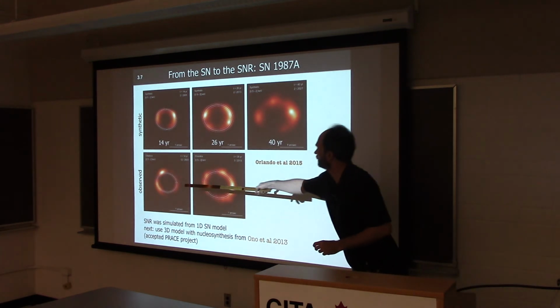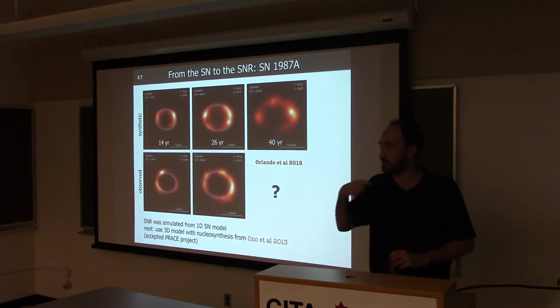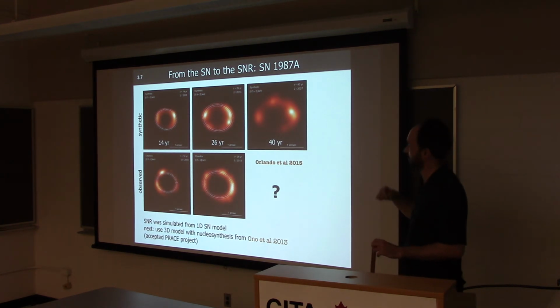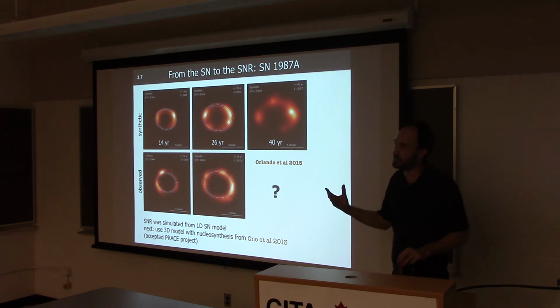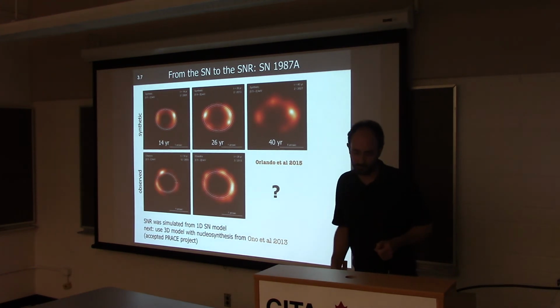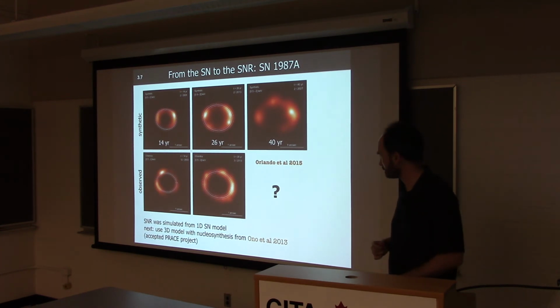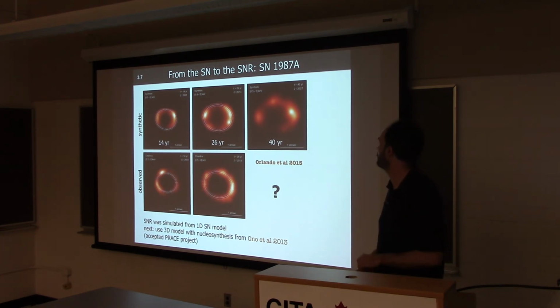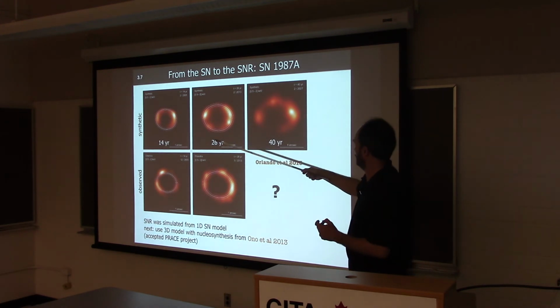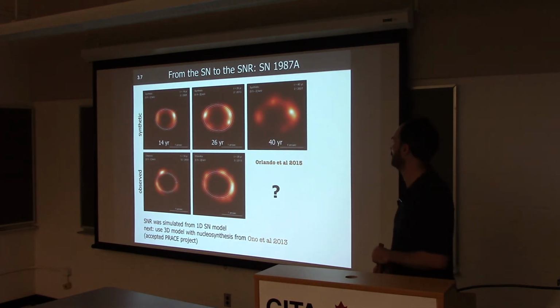These are observations with Chandra. What you see is a ring of material around the explosion site, probably caused by the progenitor. In the past few years, we've seen it being brightened up by the blast wave, and they are able to reproduce this and make predictions of what's going to happen next.